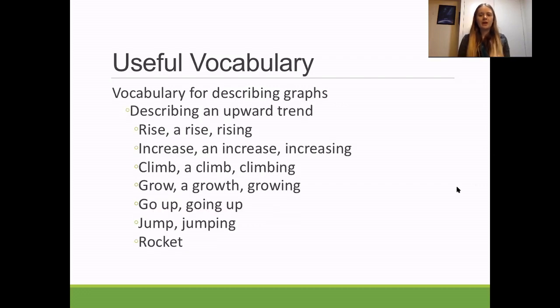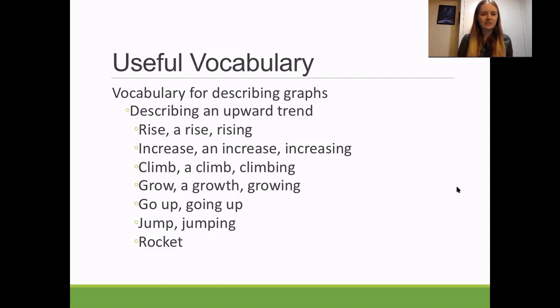For describing an upward trend, you can say that there was a rise. You can use to rise, say that it is rising. And so even if it's that one word rise, you have options. You can use it as a noun or as a verb. You can say that it is happening now, or it rose.